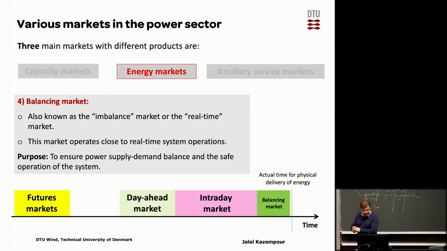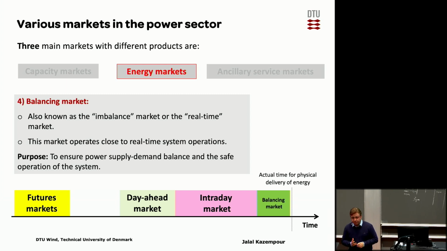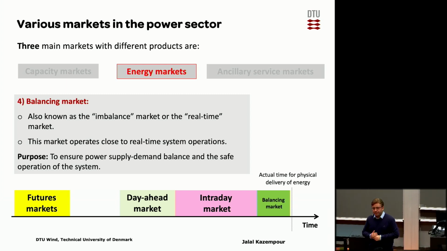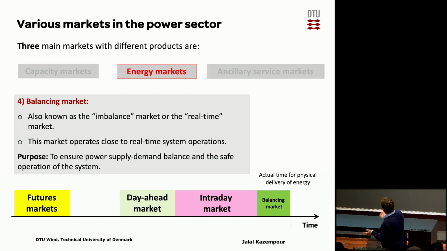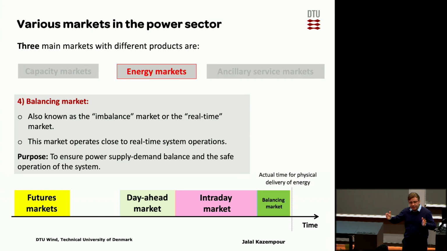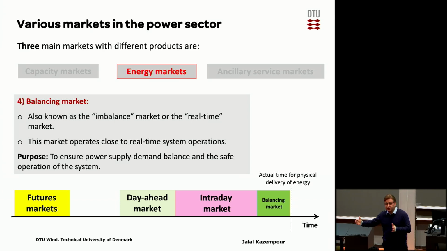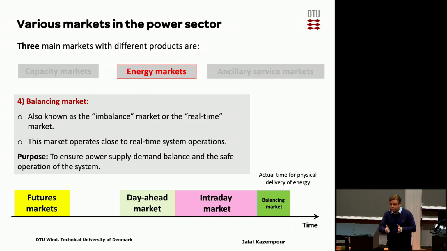Then the last market that I will talk about is the balancing market. It's also called the imbalance market or real-time market. And it's a market that we clear very close to real time. Remember, the intraday market, we finish it 1 hour before real time.